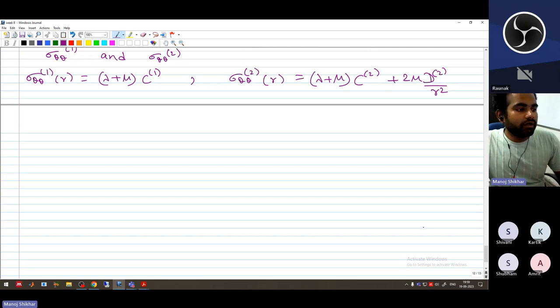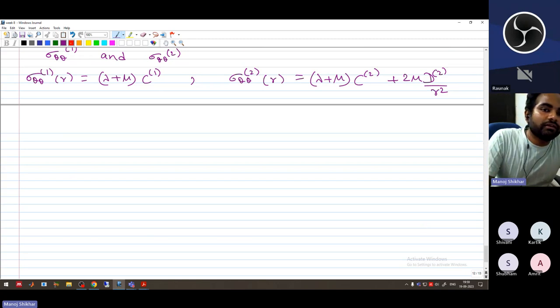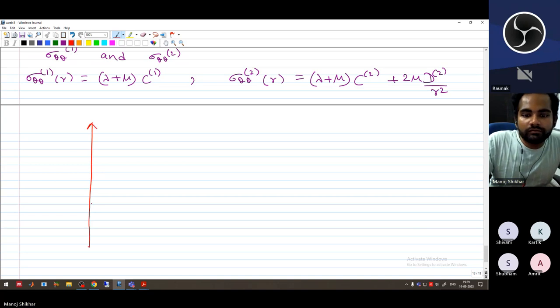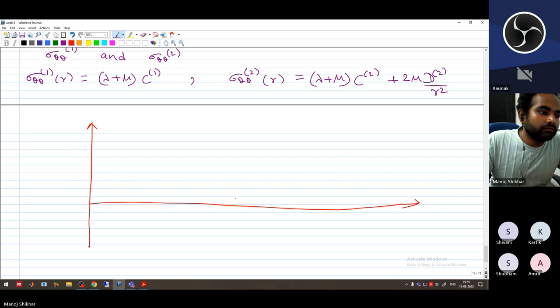So if we plot sigma against R, you can do it yourself also, but I will give you the final plot. This dimension is R and this is sigma.